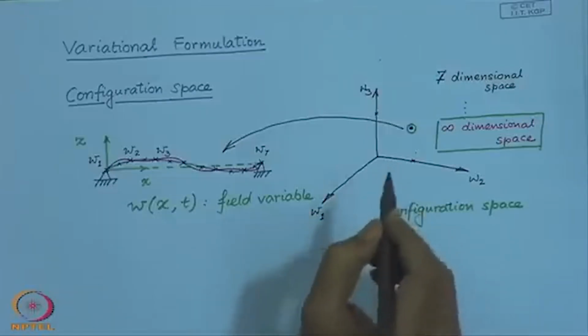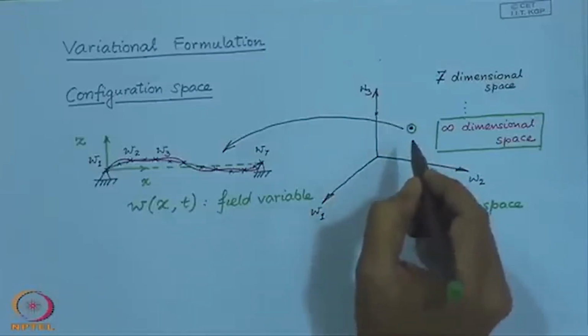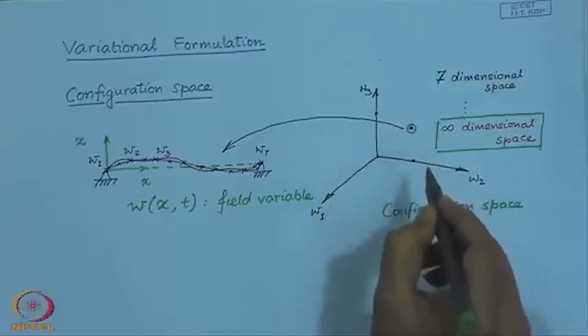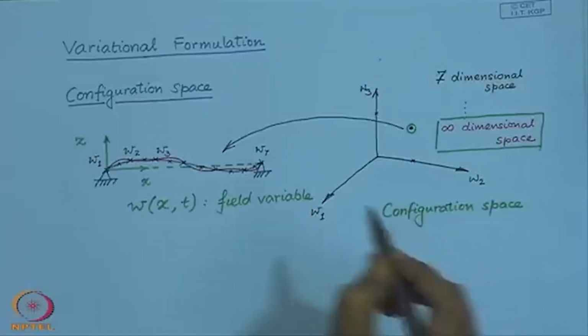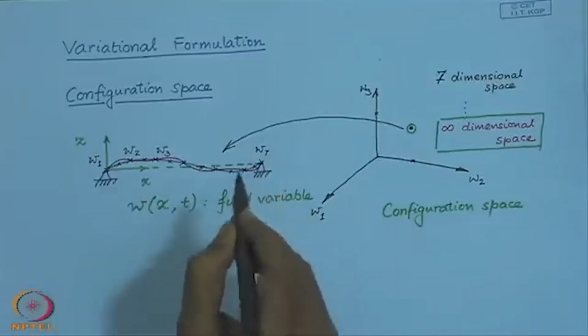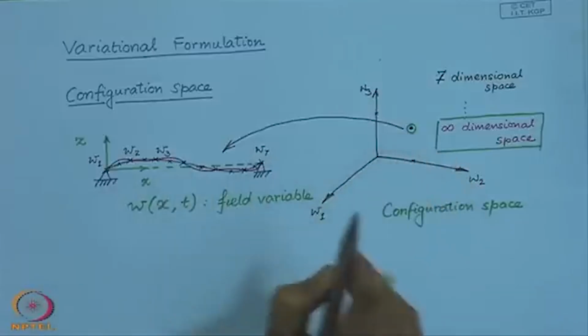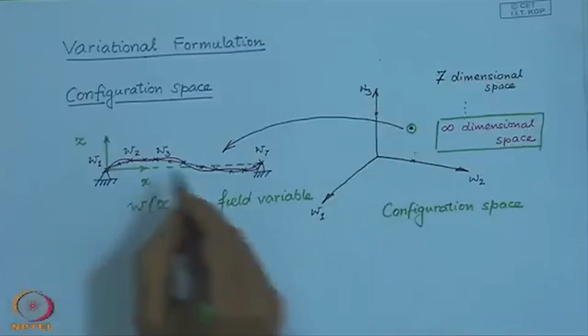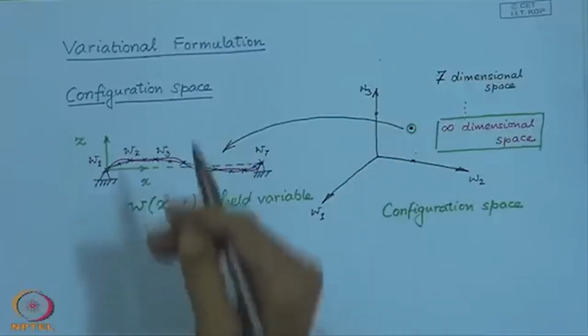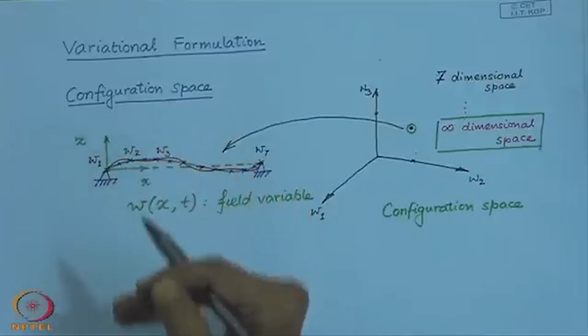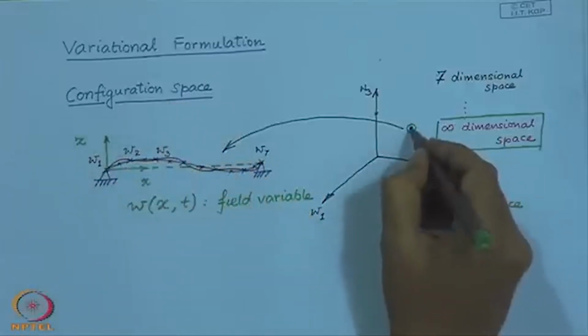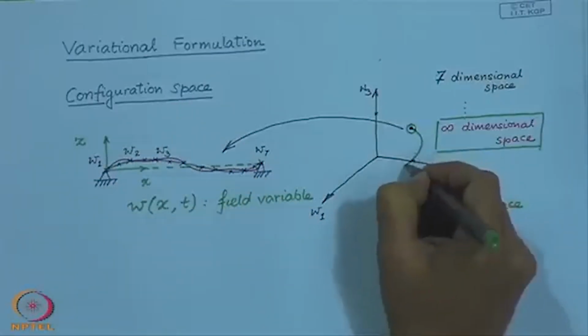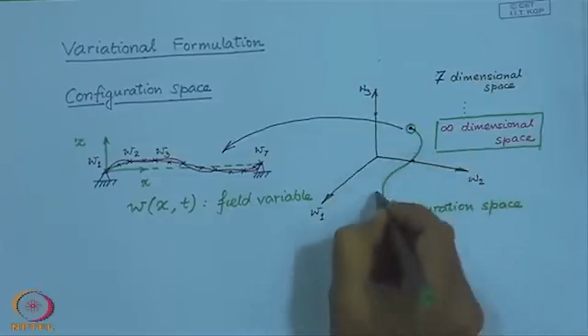What is very important now to move on is to remember that in the configuration space, any configuration of a continuous system is represented by a single point. Therefore, as the string vibrates, as it moves through configurations, there are trajectories in this configuration space through which the string is going to move.